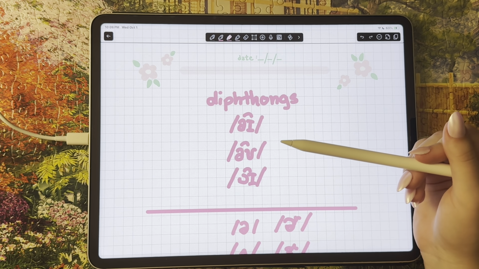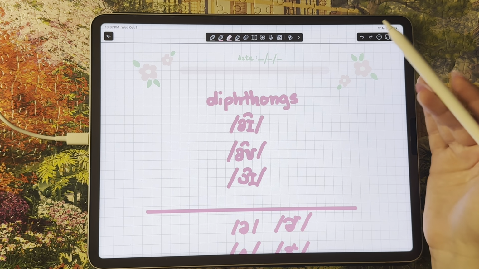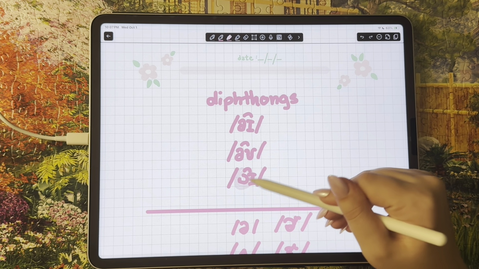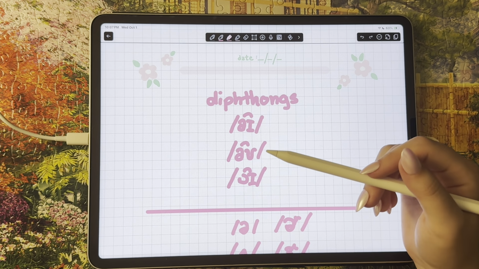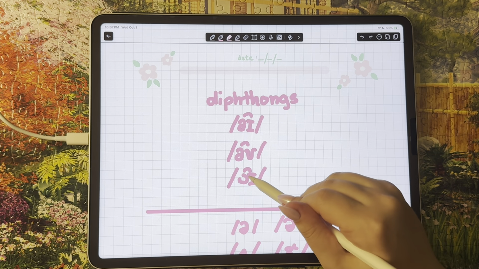Then we have oi, as in boy or toy, and this also shows a form of that o that changes based on the context of the word or of the syllable.